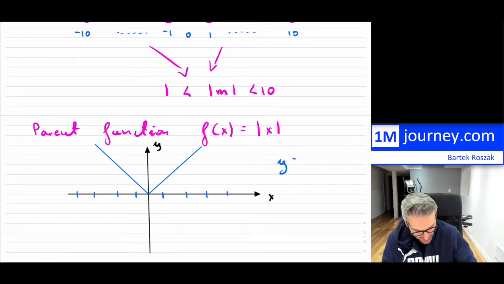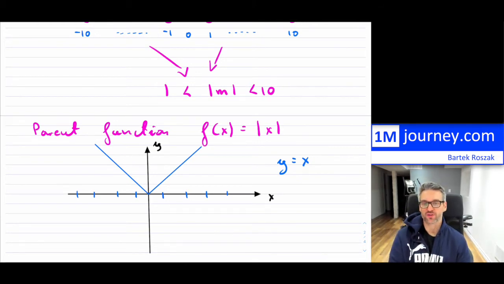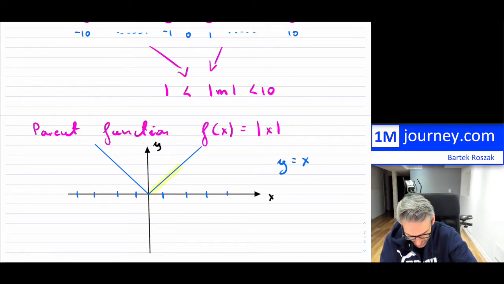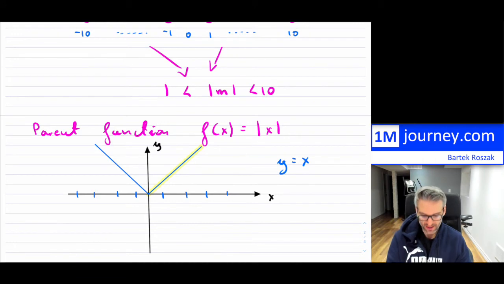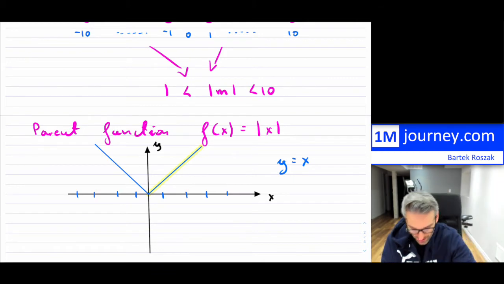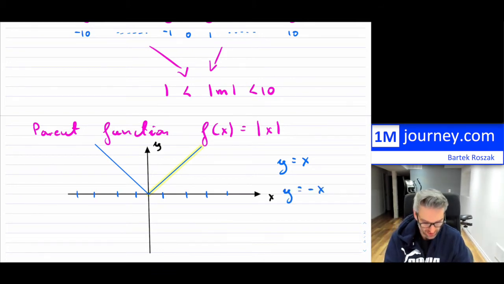It's made up of this line, which is y is equal to x, in this form. So it has a slope of 1. It rises and it keeps going, so it's a straight line. So this is this right here. And then it's made up of another straight line, except it has a negative slope. And this negative slope is kind of this one.